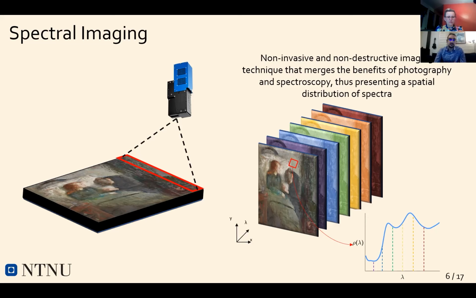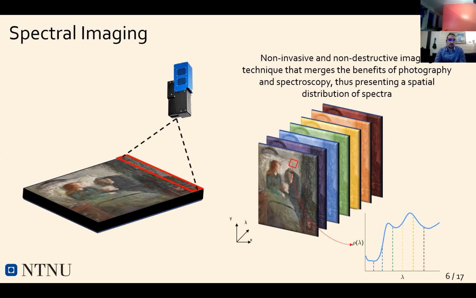This technique can merge the benefits of normal photography with the technique of spectroscopy. With spectroscopy, we can extract information about a determined material. That can be a radiance spectrum or a reflectance spectrum. In general, it is a spectrum over wavelengths, or over time, or over other quantities.